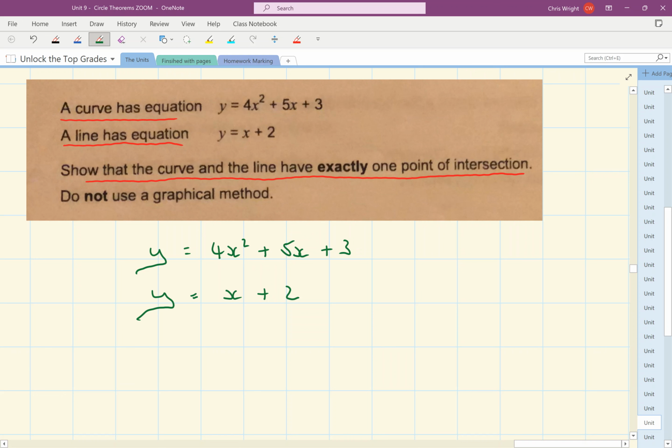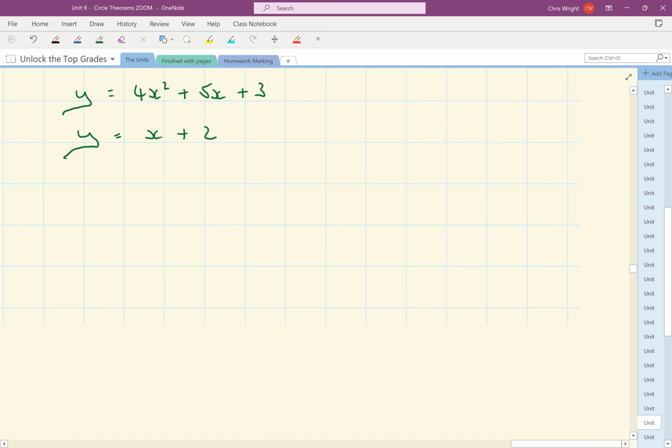If we're being asked to show that there's only one point of intersection, then we'll solve the curve and the line simultaneously, and we'll show that there's only one solution, and that'll show that there's only one point where the two cross.